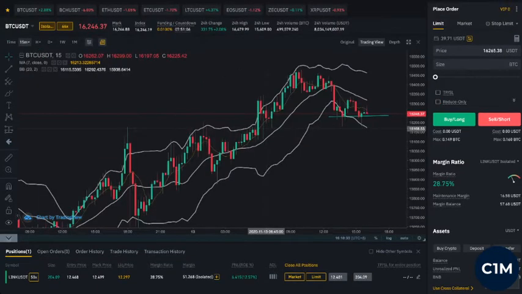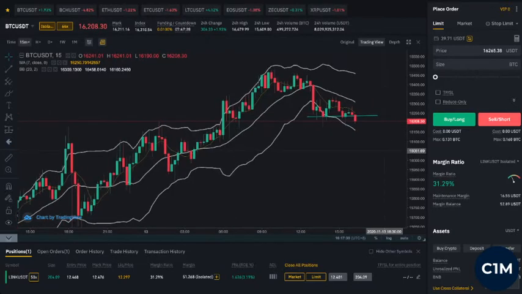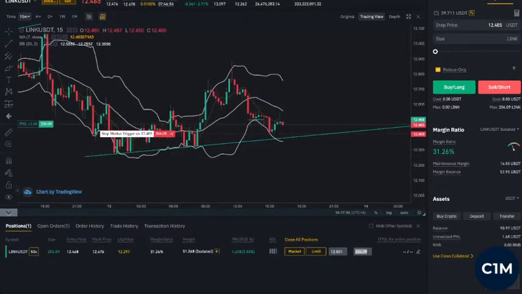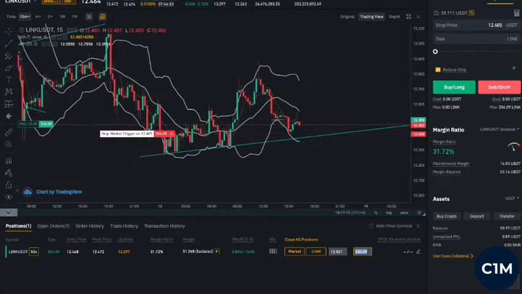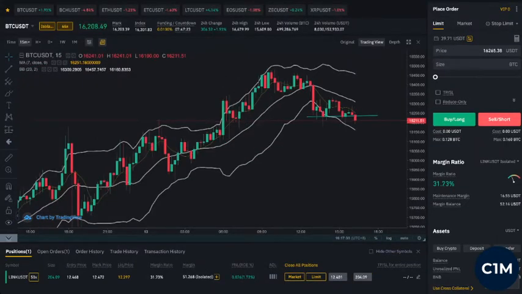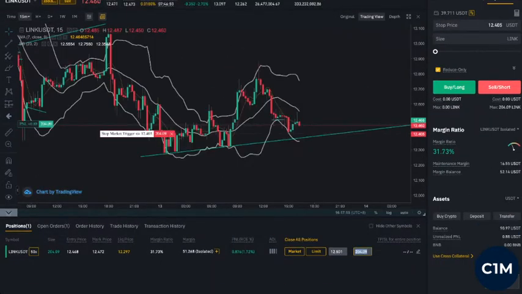Bitcoin has dropped a bit now. I'm going to pull up my alerts just to see with a bit of a shorter time frame what we are looking at. If I can select, the timing is a bit off.